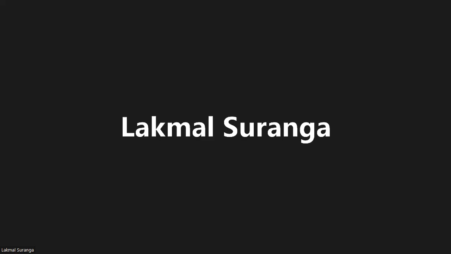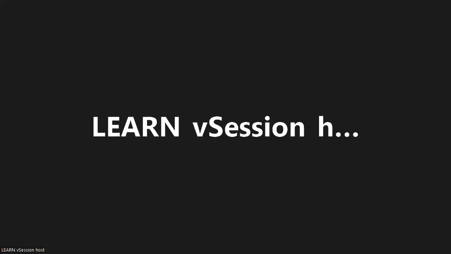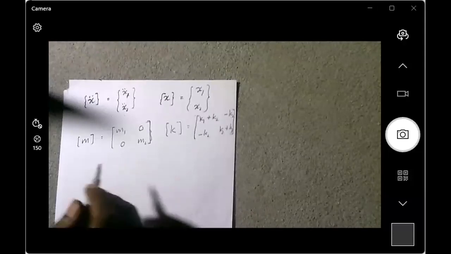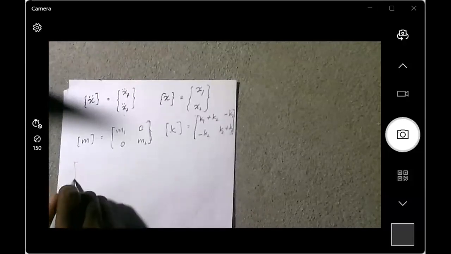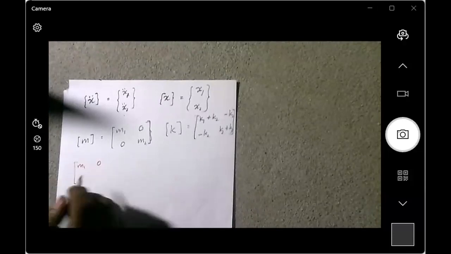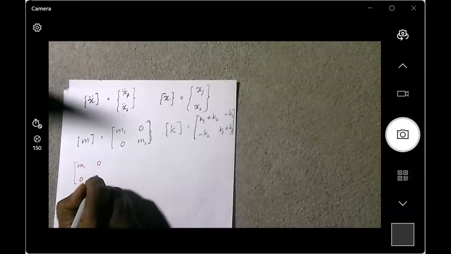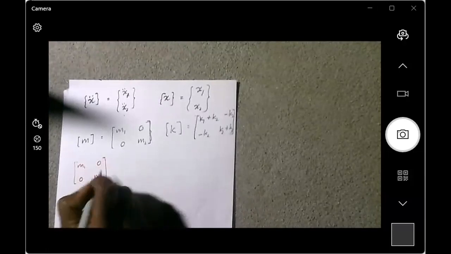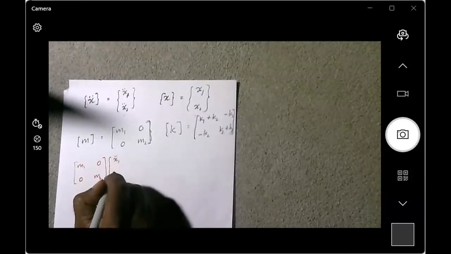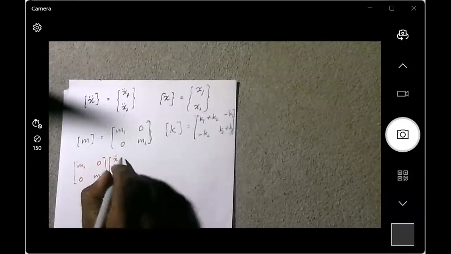I think I tried to share the screen. This problem happens, right? So let's try to write the whole equation in matrix form, both equations together. First, we have the inertia matrix or the mass matrix M1, 0, 0, M2 into the acceleration x1 double dot, x2 double dot, right?